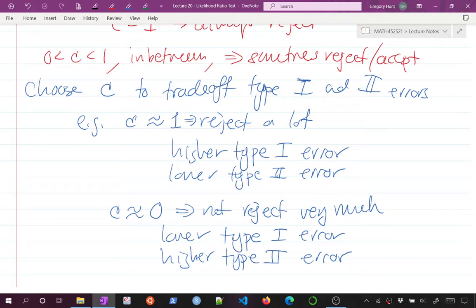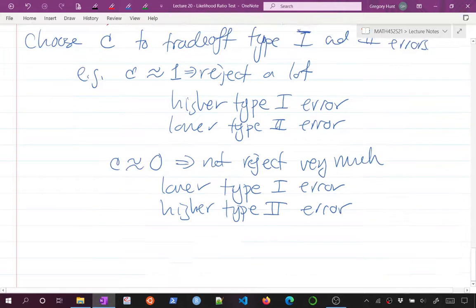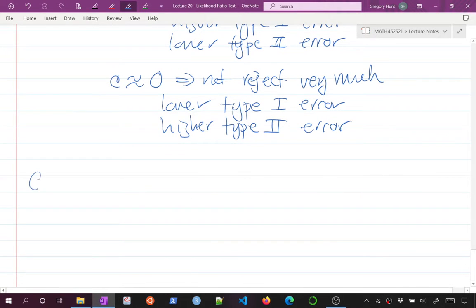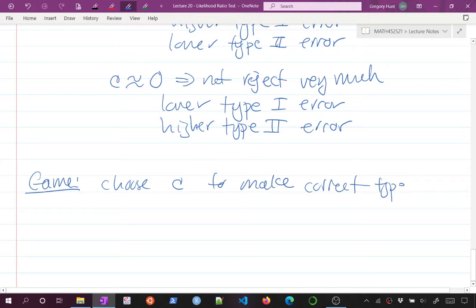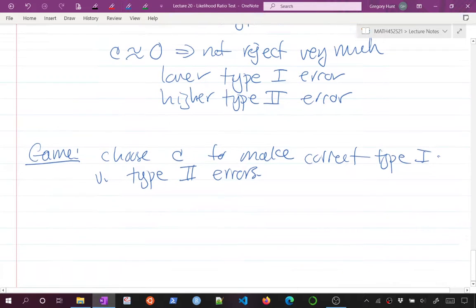Okay. So my game is to choose C to make the correct type 1 versus type 2 errors trade-off. And that's going to depend on what we want to do.